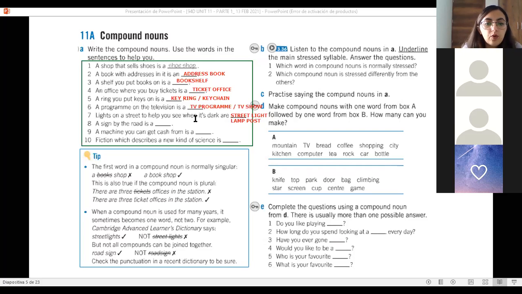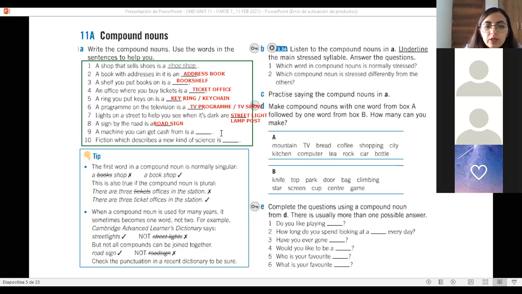Street light or lamppost. A sign by the road. A sign by the road is a, thank you, Nina. Road sign. Very good. A machine you can get cash from is a, un cajero automático, ¿cómo decimos?